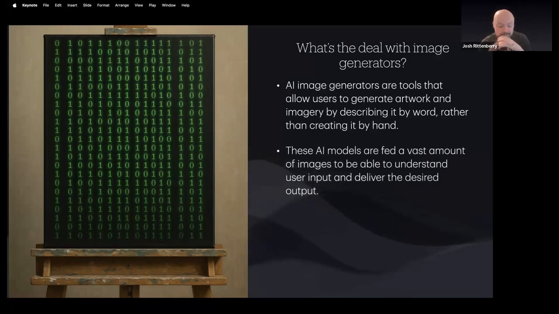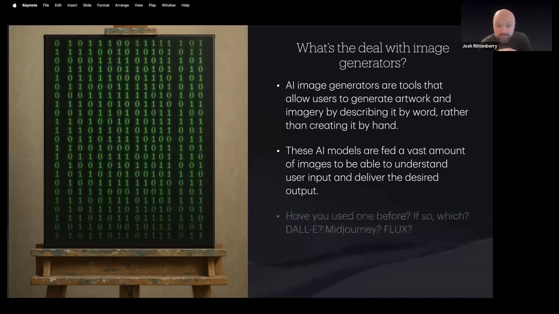So basically, each image that is fed to these models has a description that goes with it. Like, you'll have an image of a cat and probably an image of a cat running. There will be a description on each of these telling the AI what this is. So, it uses thousands upon thousands of those to be able to figure out what you want to create whenever you describe it.